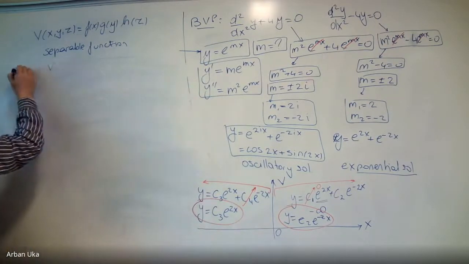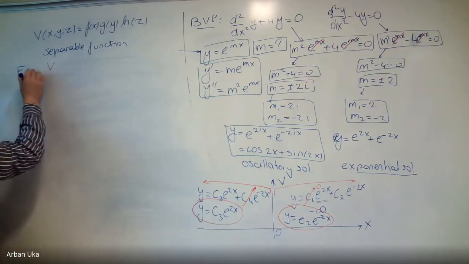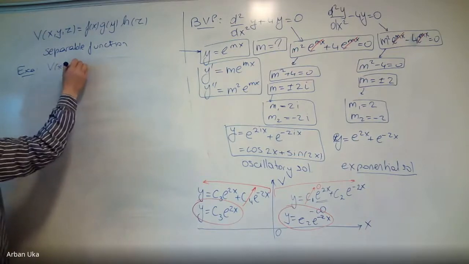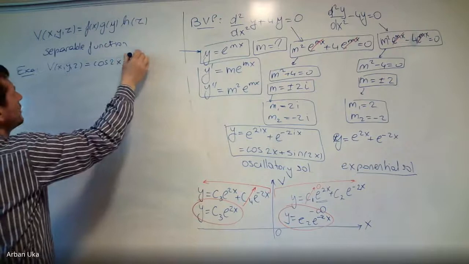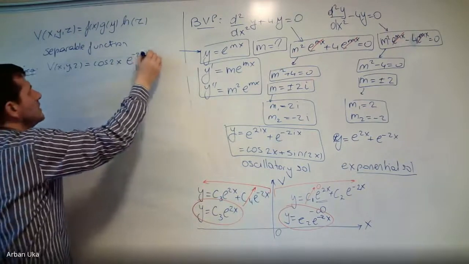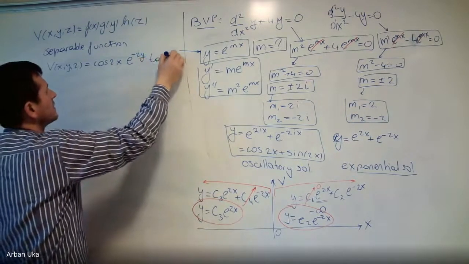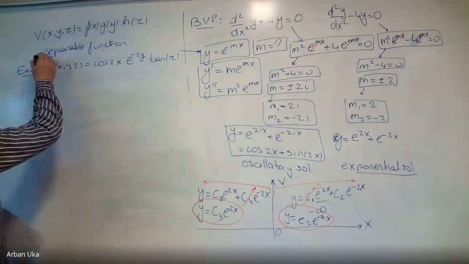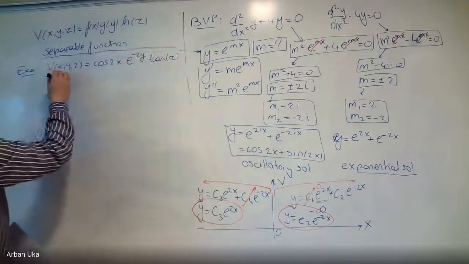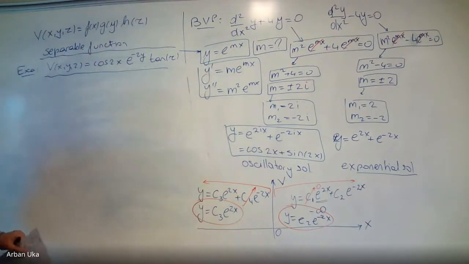How would this look? Well, an example could be the following: the potential as a function of x, y, z can be equal to cosine 2x times e to the power minus 2y times tangent z. So these are separable functions, and we often assume that we have these types of solutions.